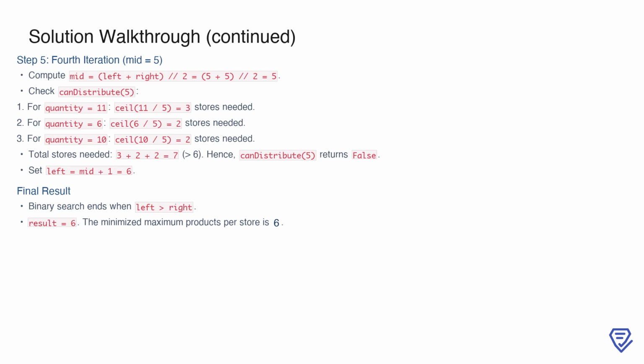Therefore, a maximum of 5 products is not feasible. We update the search range by setting left to mid + 1, which is now 6. At this point, the binary search terminates because left is greater than right. The final result for this example is 6, meaning the minimized maximum number of products per store is 6.